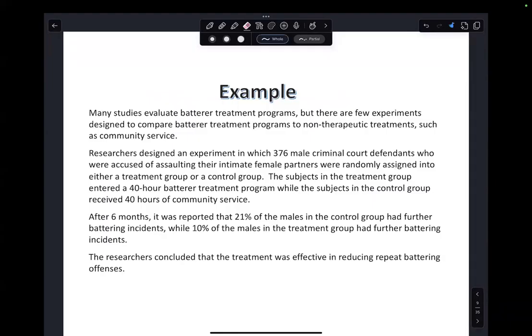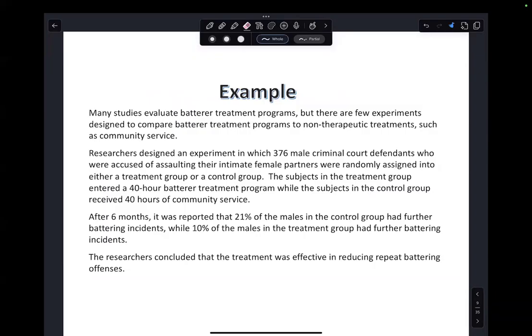So this research, what they did was they took 376 male criminal court defendants who were accused of assaulting their intimate female partners. Half of them were put into a control group and half of them were put into a treatment group. So those in a treatment group were in a 40-hour batterer treatment program, while the other half did 40 hours of community service.